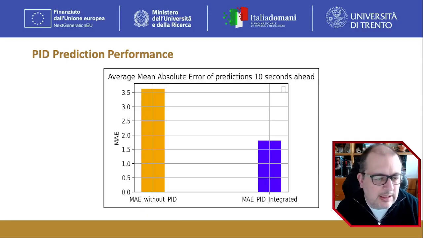Here you can see the corresponding performance. That is quite impressive. We mostly halve the error simply by introducing this low complexity way to compensate for the error.